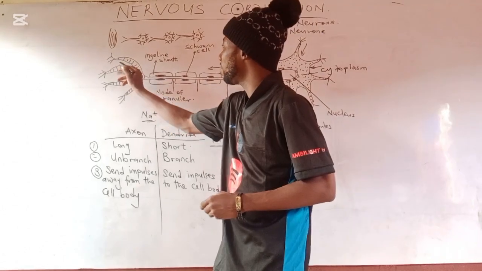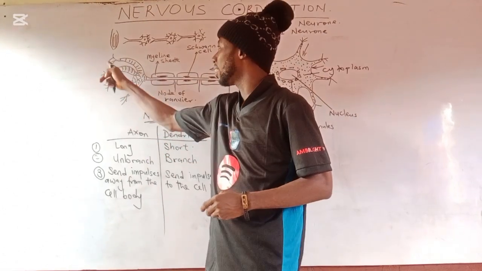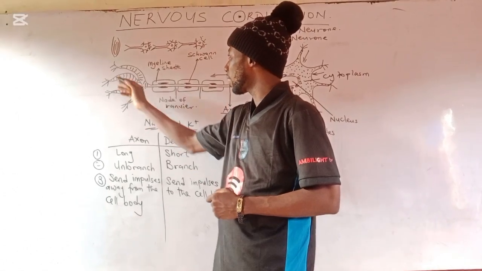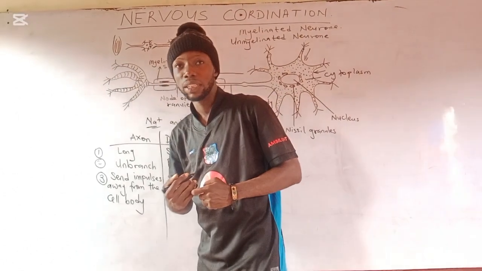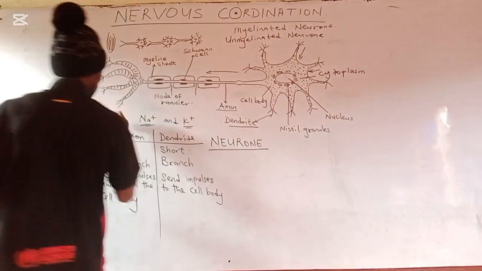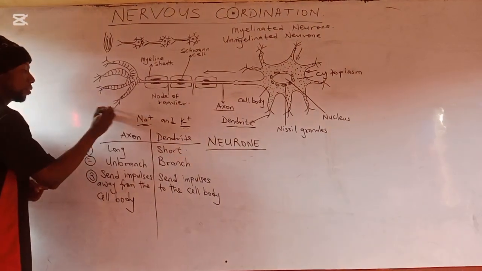Then here we have the axon terminal. This is the terminal end of an axon. Okay, this terminal end here is known as synaptic knob or synaptic cleft.